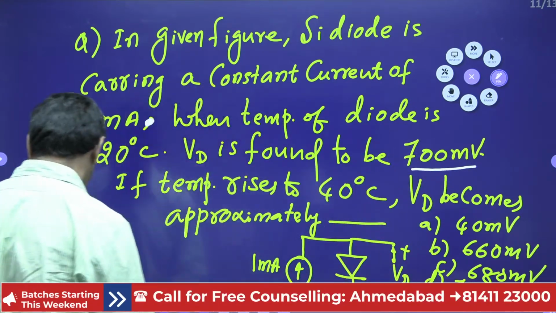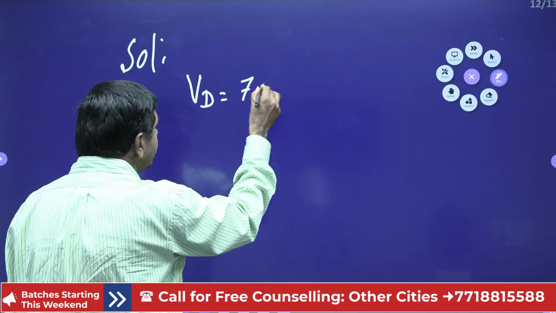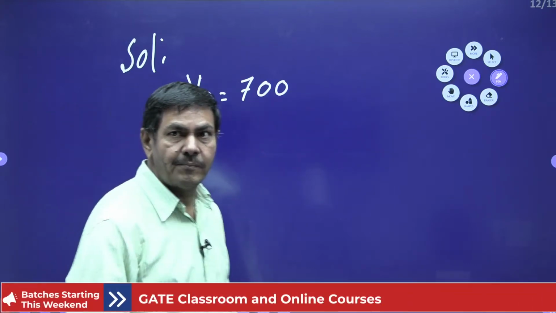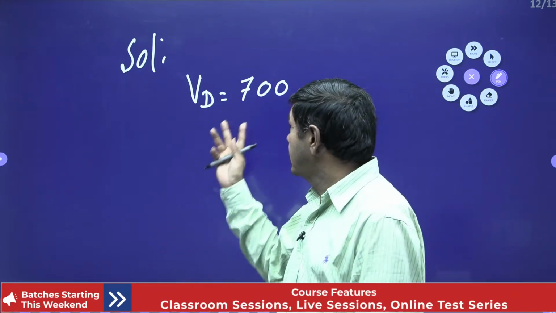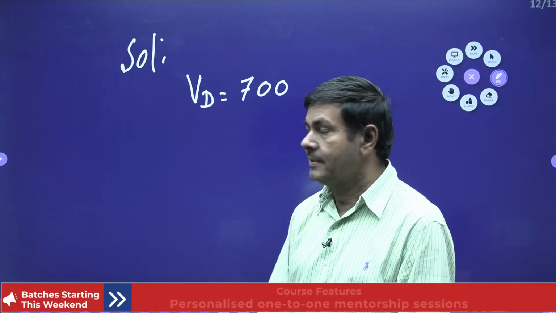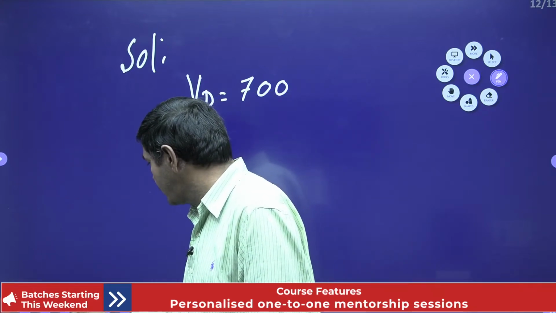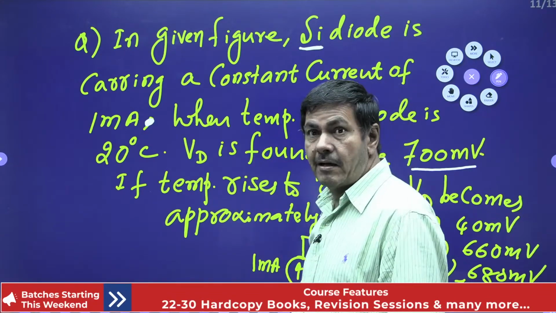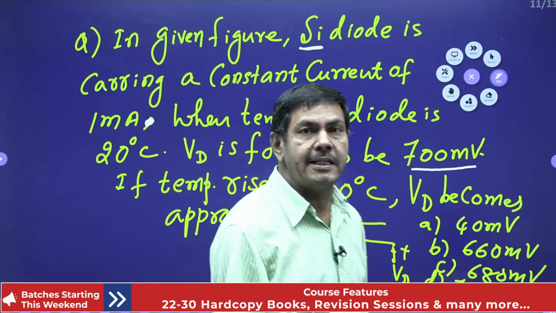This voltage is 700 millivolts only. When the temperature is increasing, what happens? This 700 millivolts is going to reduce. Which material is given here? Please watch, silicon is given in the problem. For silicon I already gave minus 2.3 millivolts per degree centigrade; it is going to decrease.